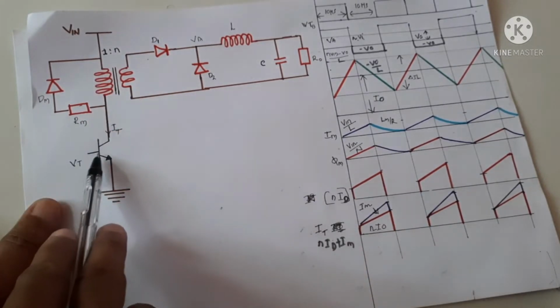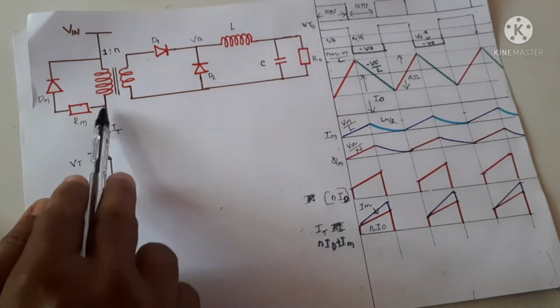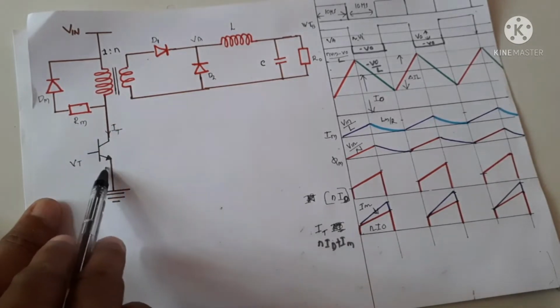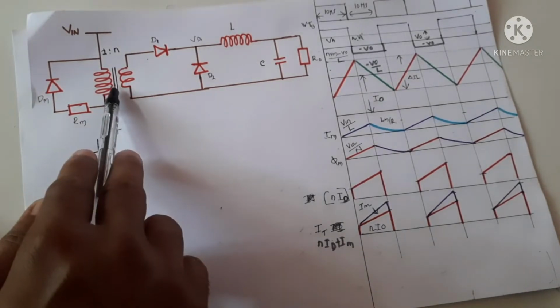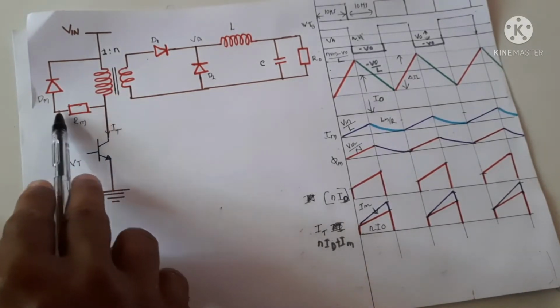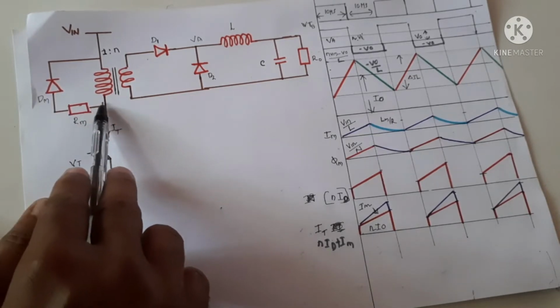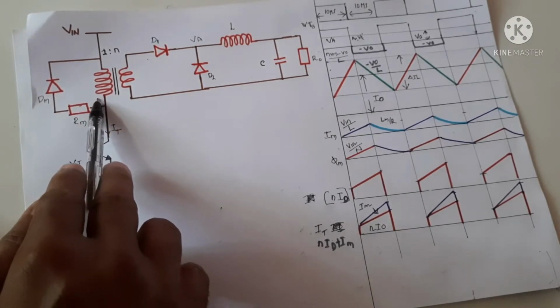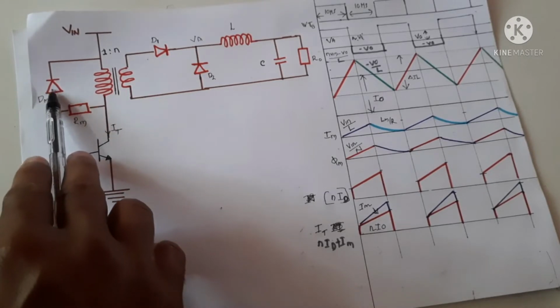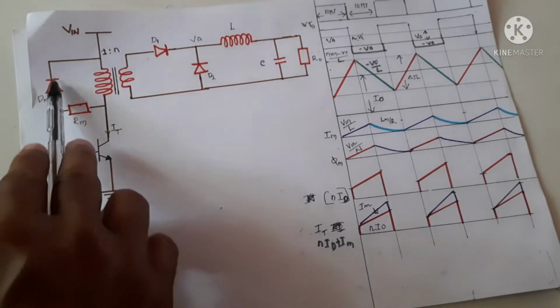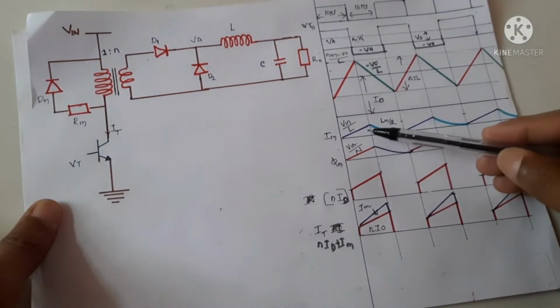If we do not provide any path, a huge voltage will develop across it, and that will destroy this transistor. In order to reset the flux, we give a path using a resistor and diode combination. When a positive voltage is at this point, this diode becomes forward biased, and the magnetization current will be reset through this. This is shown here.